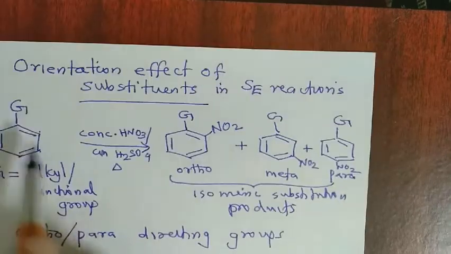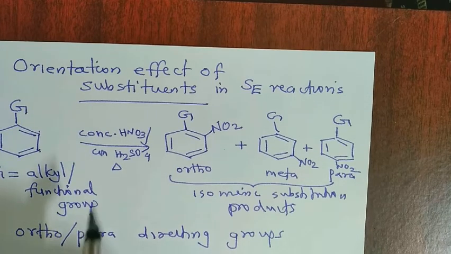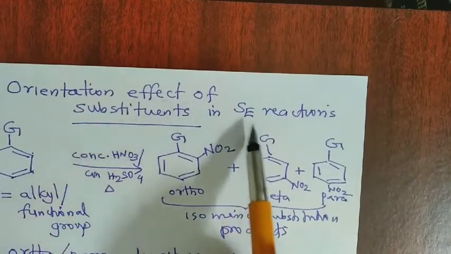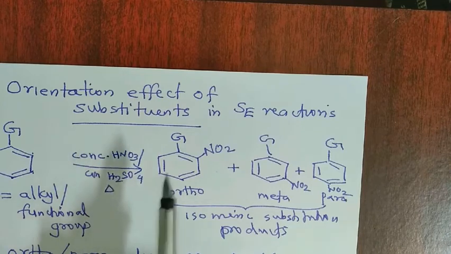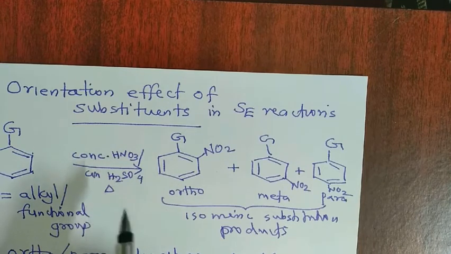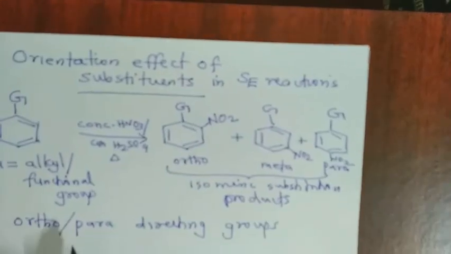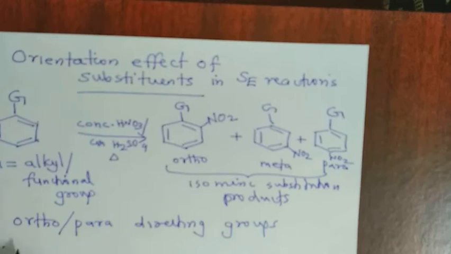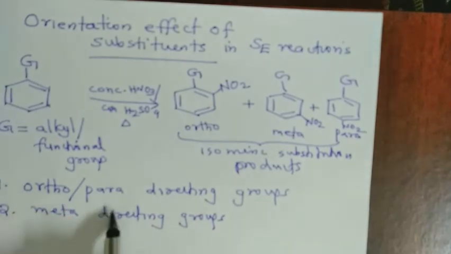These groups, when attached to the benzene ring, substitution always takes place at ortho and para positions, irrespective of the nature of the electrophilic substitution reaction. Whether it is halogenation or nitration or sulfonation, in all cases the product is a mixture of ortho and para isomers. Second is meta-directing groups.